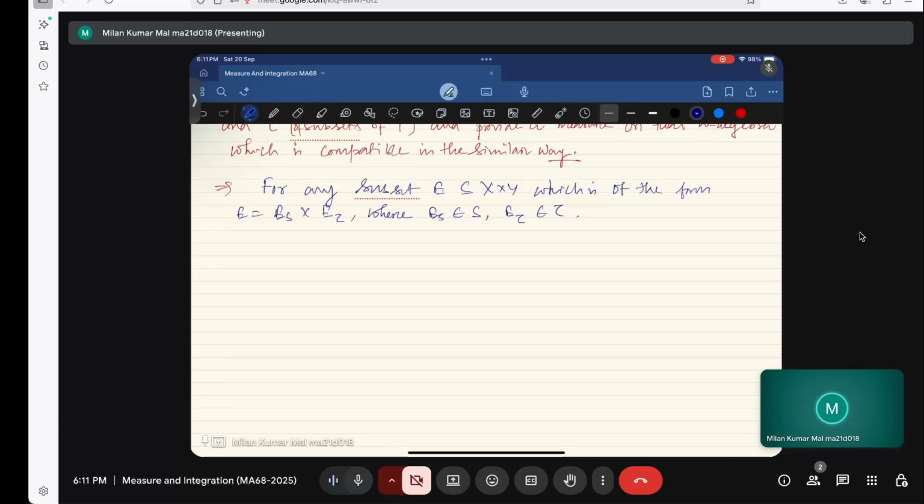This is the general form, and these are called measurable rectangles.